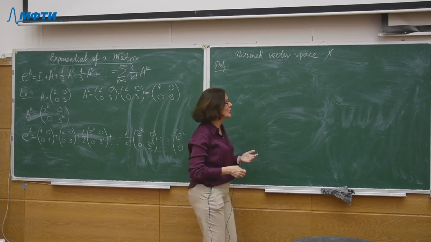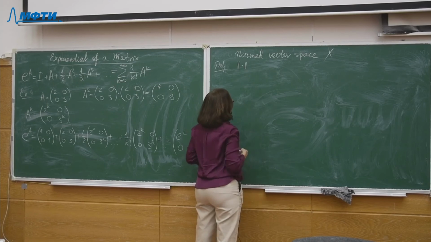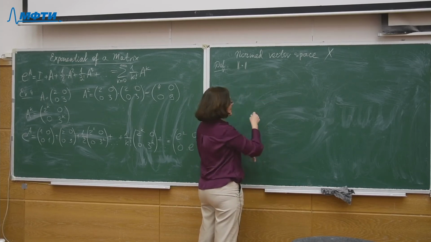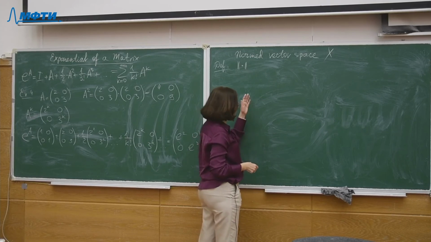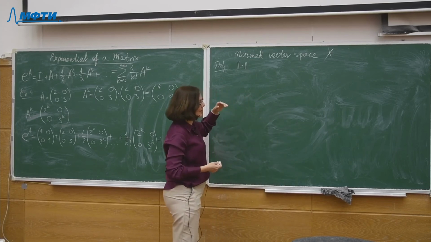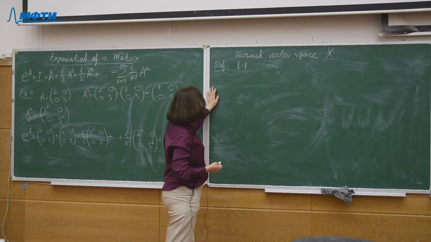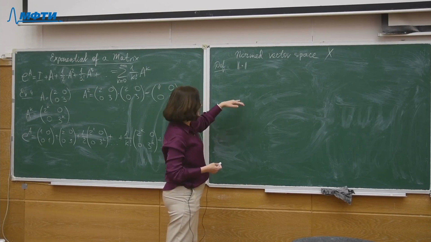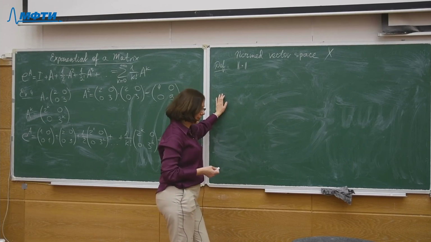It is a function, not necessarily the square root of the sum of squares, right? This norm is the standard norm in Rn, but sometimes we want to introduce a norm in an infinite dimensional space.